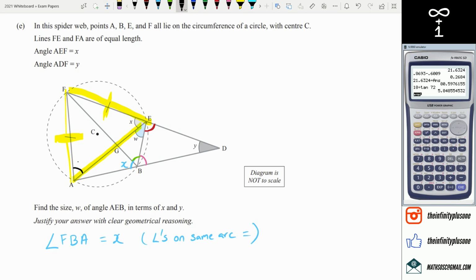This right here is going to equal X because it's base angles of an isosceles triangle. So FAG is equal to X because base angles of an isosceles triangle are equal.